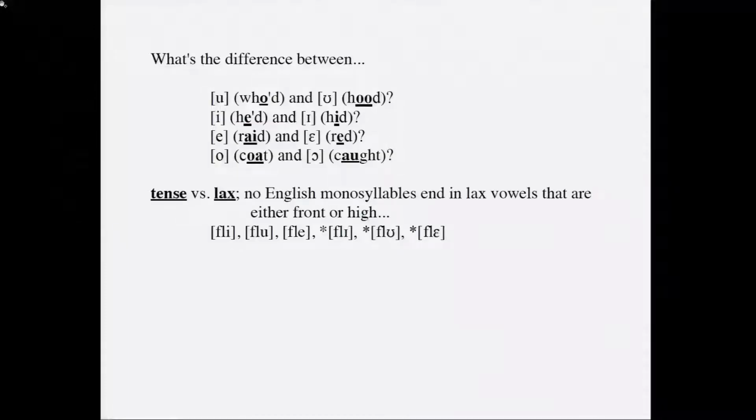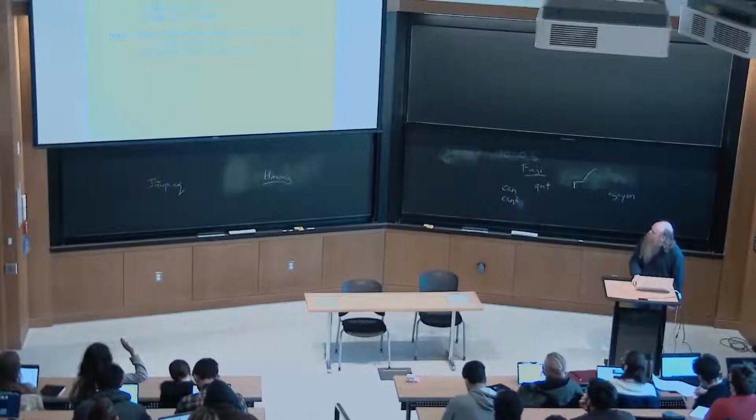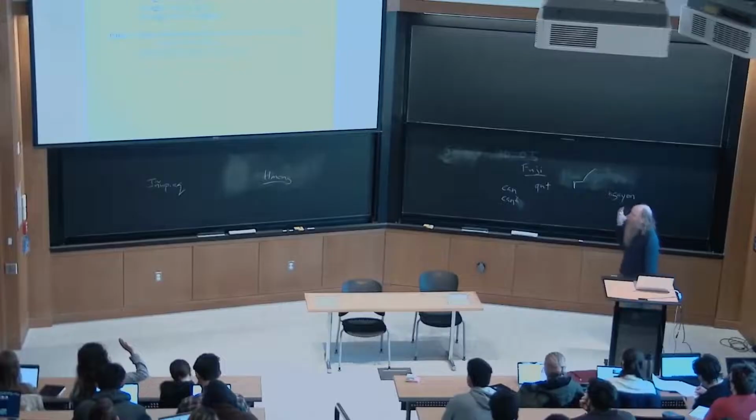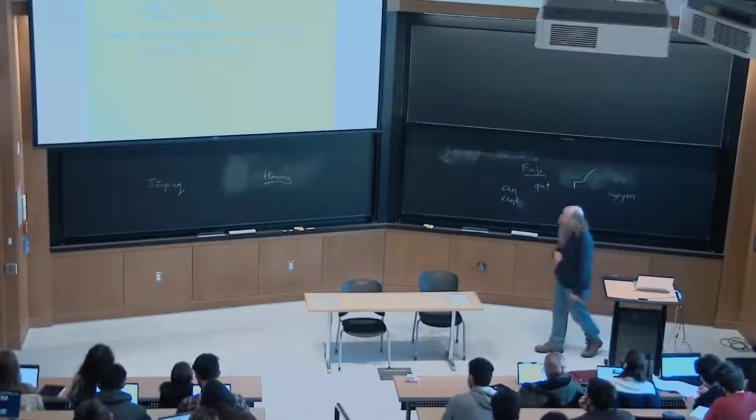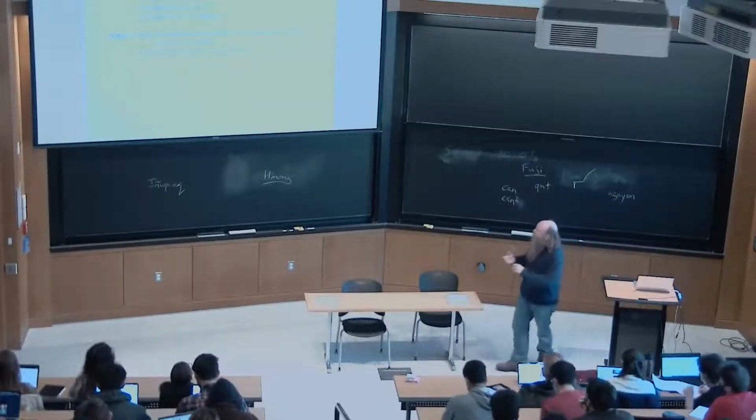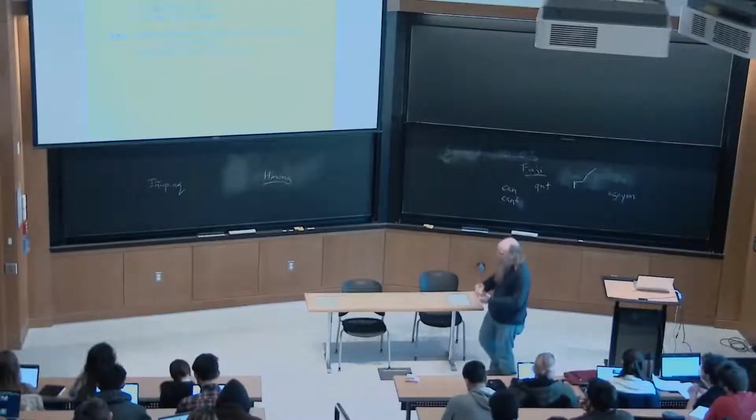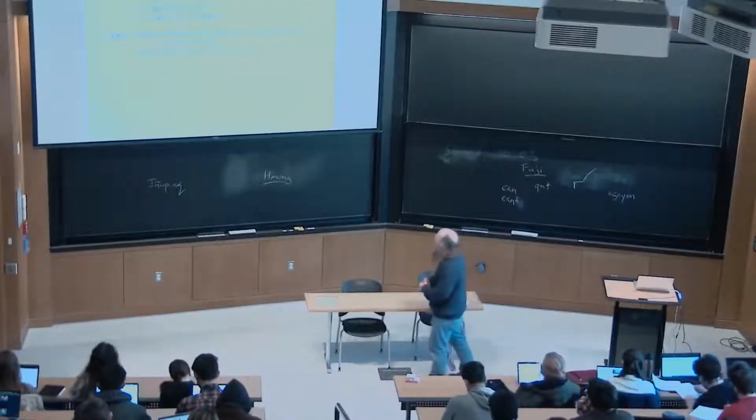So think about oo and oo in hood and who'd. Or e and I in heed and hid. Or a and e in raid and red. Or o and aw, like in coat and caught. There are various ways of talking about this distinction. But one way is like this. We say that there's a distinction between what are called tense vowels and what are called lax vowels.